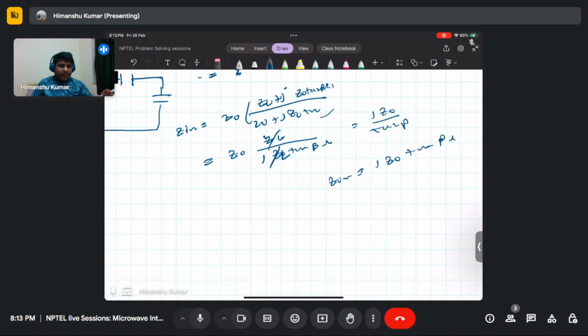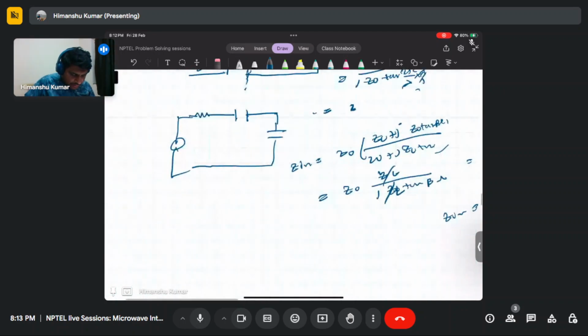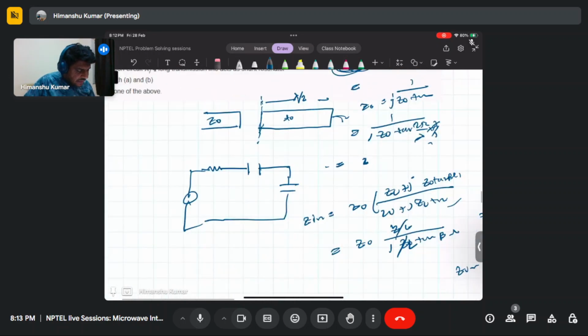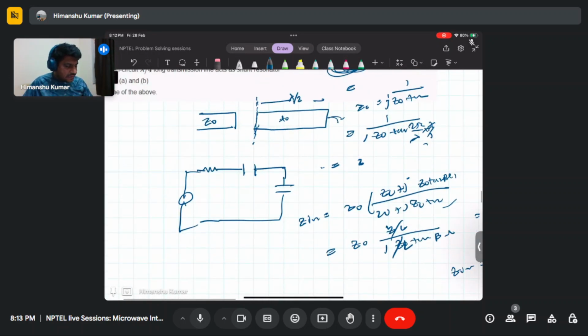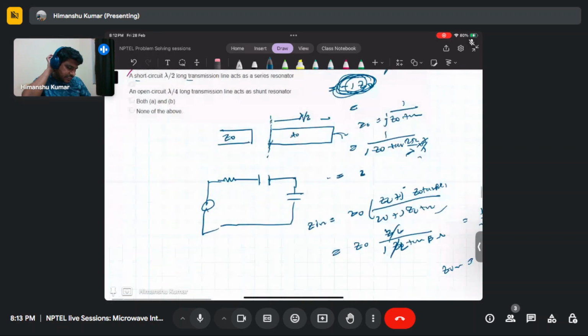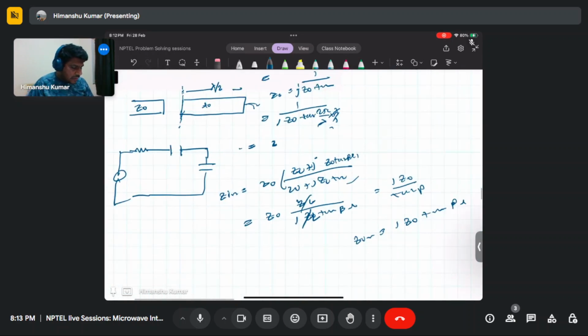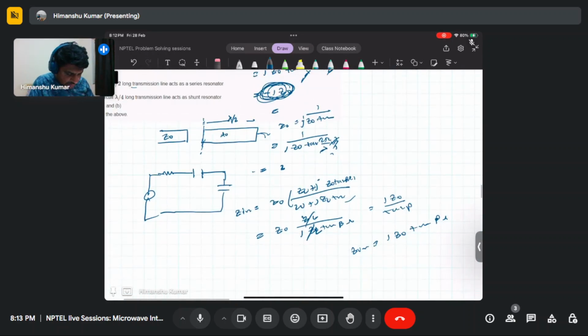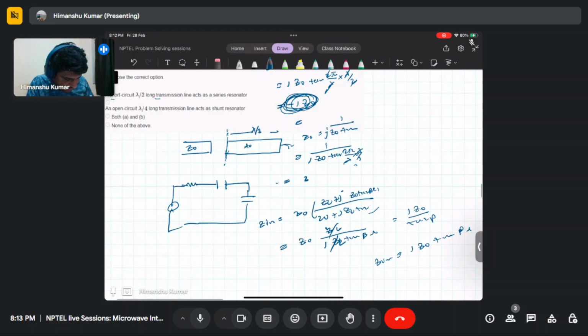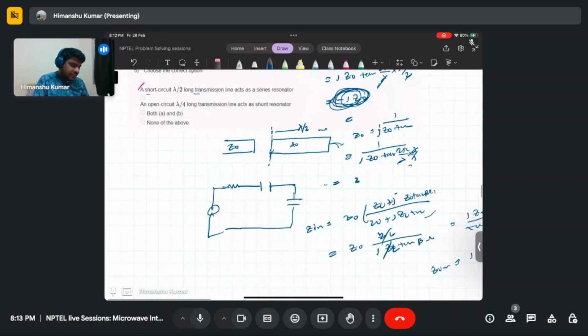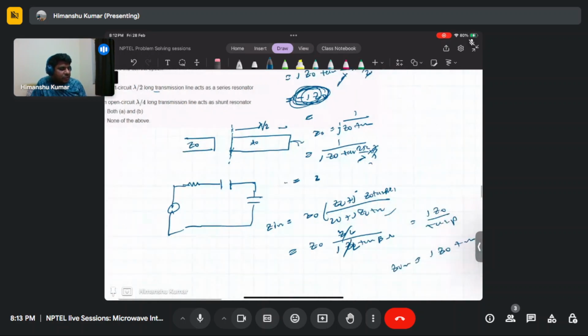If you take a lambda by 4 line, then beta L is pi by 2, and it will behave like a short circuited line.